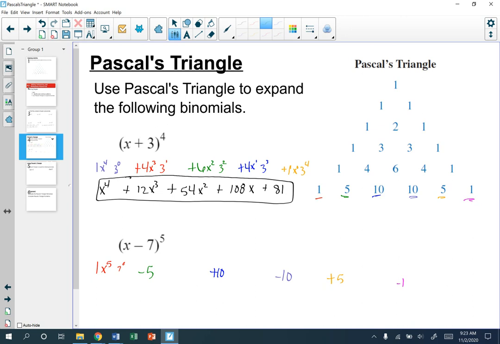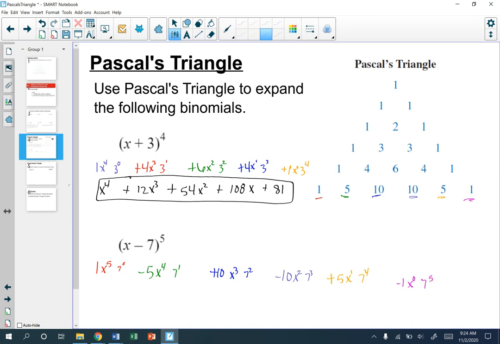Now I decrease my x by 1, and I have x to the 4th, 7 to the 1. 10 times x to the 3rd, 7 to the 2nd power, minus 10 times x to the 2nd, 7 to the 3rd, plus 5 times x to the 1st, 7 to the 4th, minus 1 times x to the 0, and 7 to the 5th.